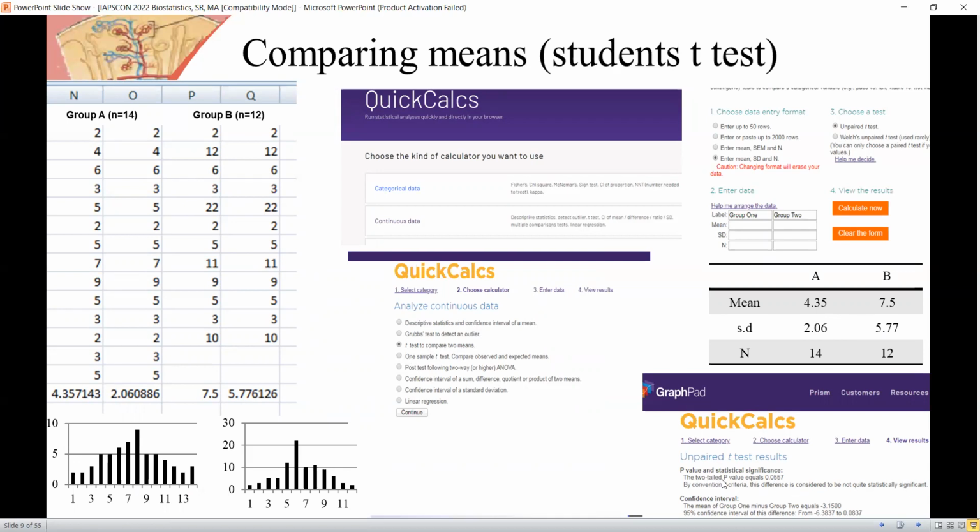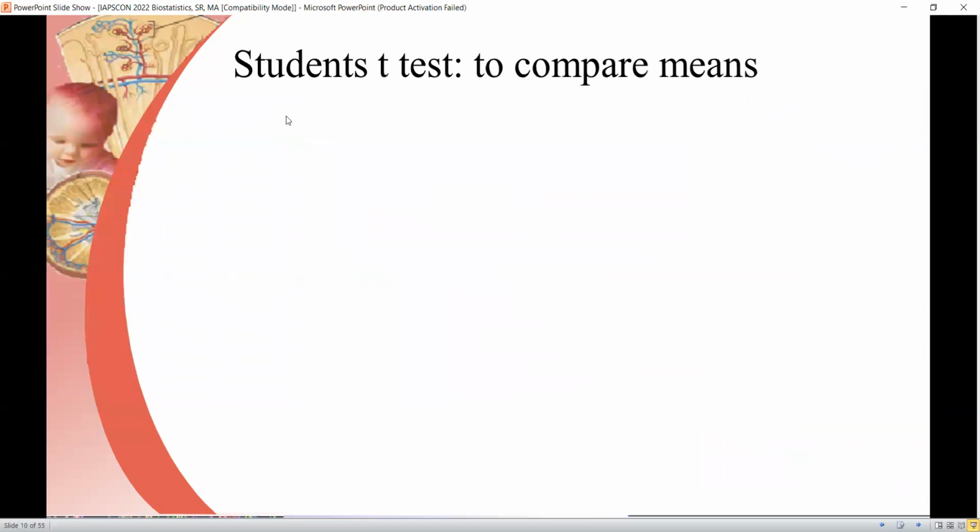Here it says the two-tailed p-value equals 0.05. So this is not significant at the moment. Anything above 0.05 is not significant, but that is probably related to the sample size. If you have 50 or 60 here, probably it will become significant.